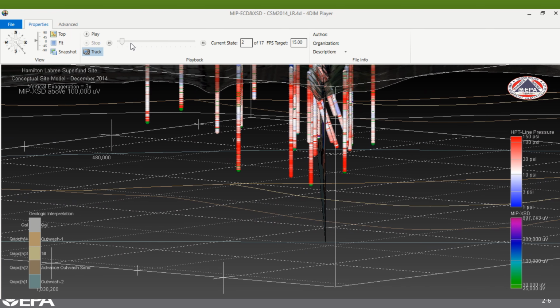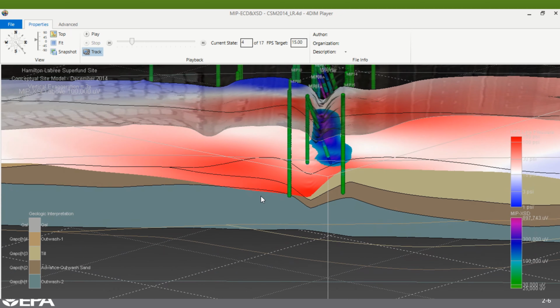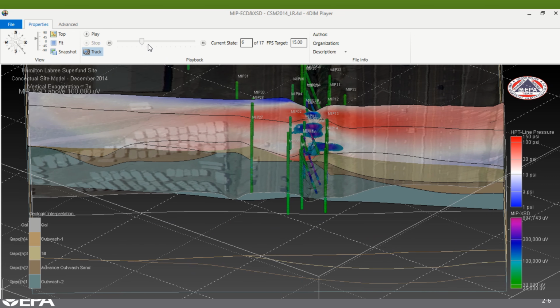And then we can look at the interpolation of the MIP and the HPT to look at the relationship between where all of that MIP response and PCE mass seems to be, and also the important relationship of where those reside in relation to the till and the outwash material. And we can actually march right down the creek in this case, looking at the MIP response and geology.